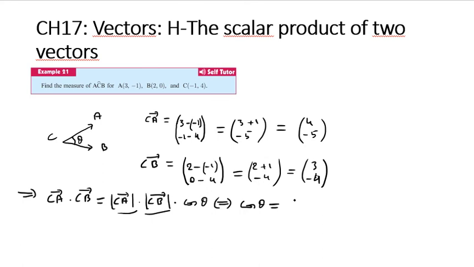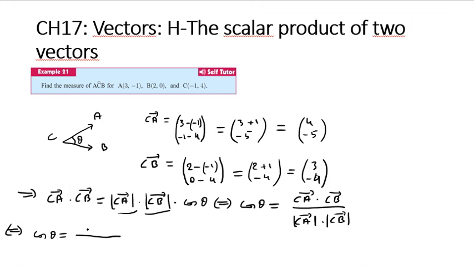The cosine of theta will be equal to the scalar product of the vector CA and the vector CB over the magnitude of the vector CA times the magnitude of the vector CB.